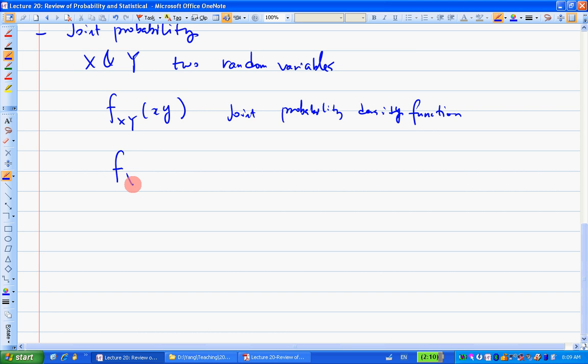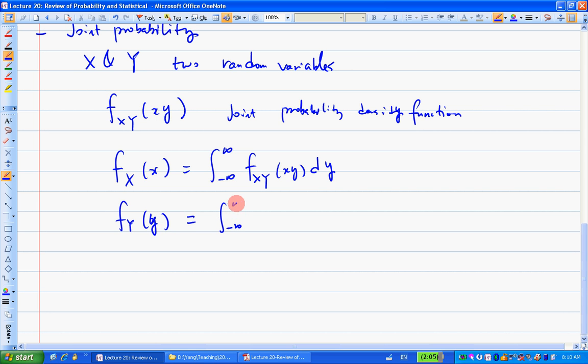So f capital X of x equals the integral from negative to positive infinity of f of x, y dy. This is how you can get f capital X of x, and similarly f capital Y of y with dx.